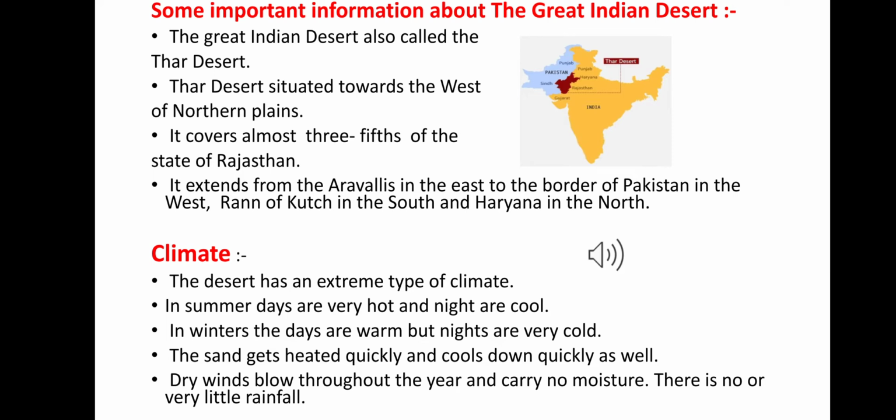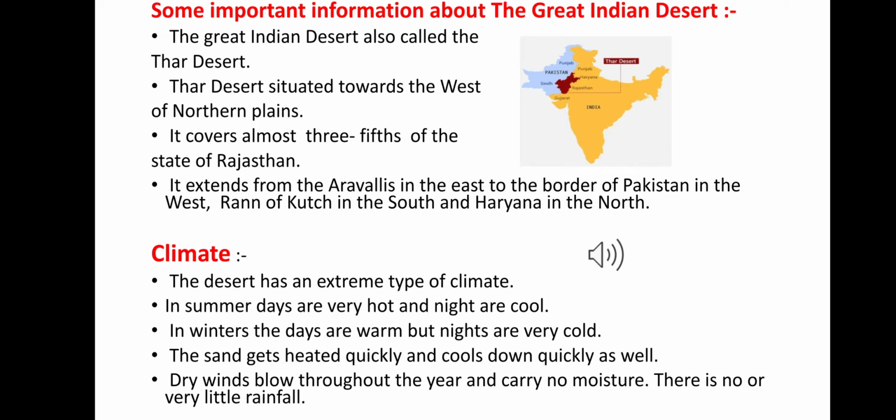The Great Indian Desert, here we have to know some introductory parts of this desert. The Great Indian Desert, also called the Thar Desert, is located toward the west of the northern plain, and it covers almost 3/5 of the state of Rajasthan.